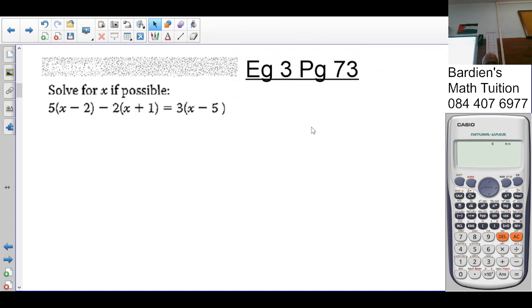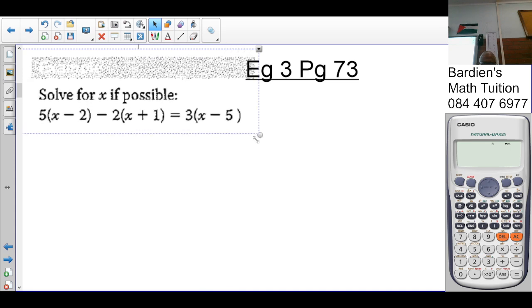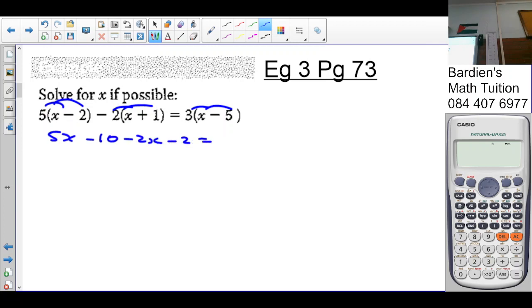Okay. Again, the question says solve for x if possible. So what do I do here? As I did before, get rid of the brackets, multiply out. So that gives us 5x minus 10 minus 2x minus 2 equals 3x minus 15.